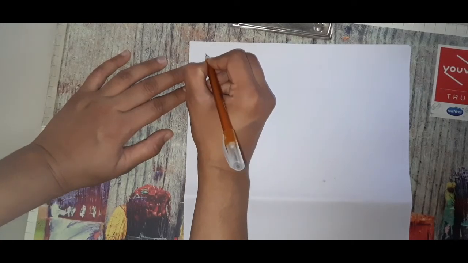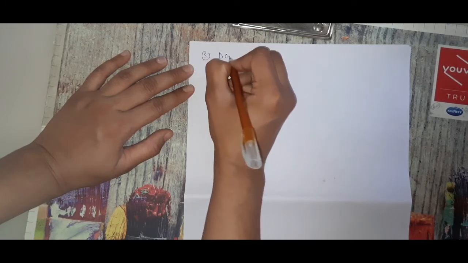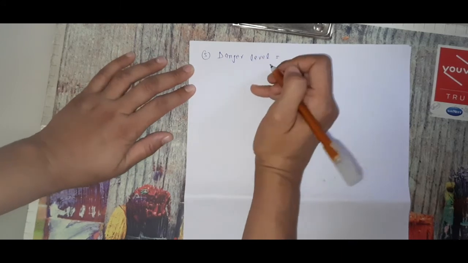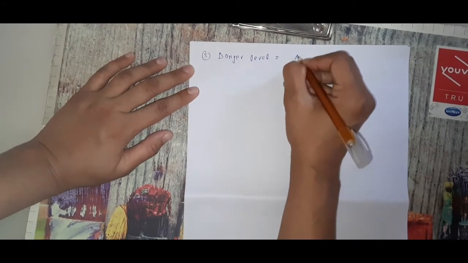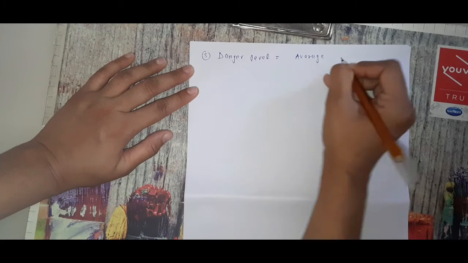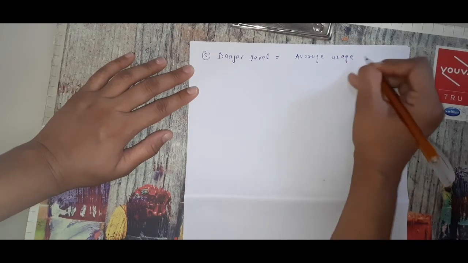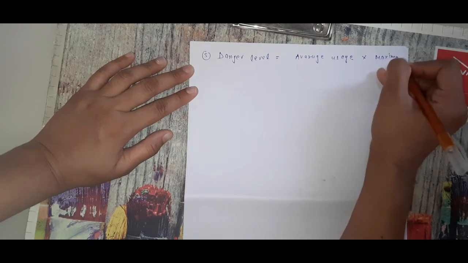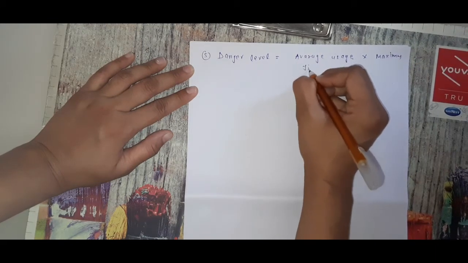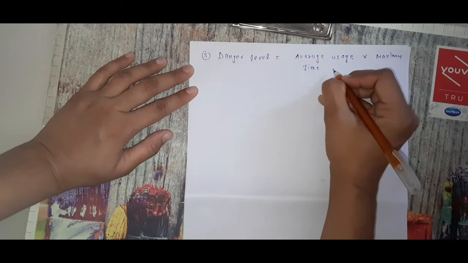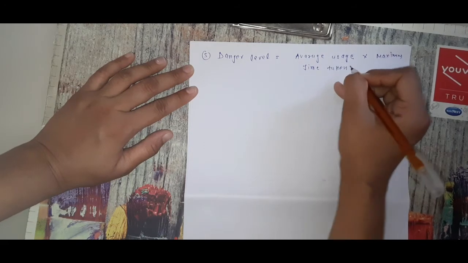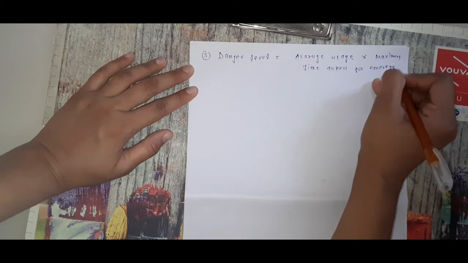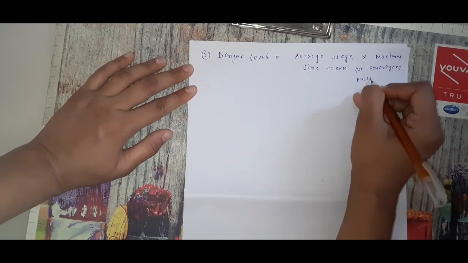Fifth formula is danger level. It is average uses into maximum time taken for emergency purchase.